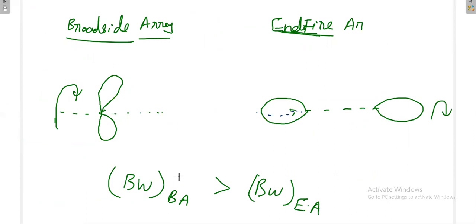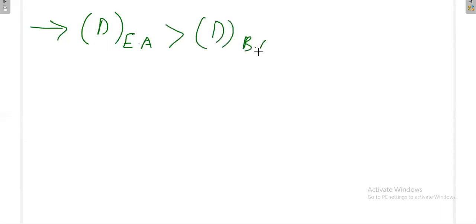Then which one will have more directivity, end fire array or broadside array? End fire array. So directivity of end fire array is greater than the directivity of broadside array, and the conclusion should be like this. Then what is the actual directivity?